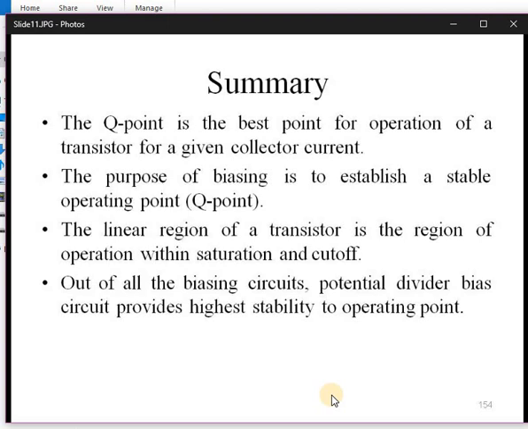So out of all the biasing circuits, the potential divider biasing circuit provides the highest stability of operating point.